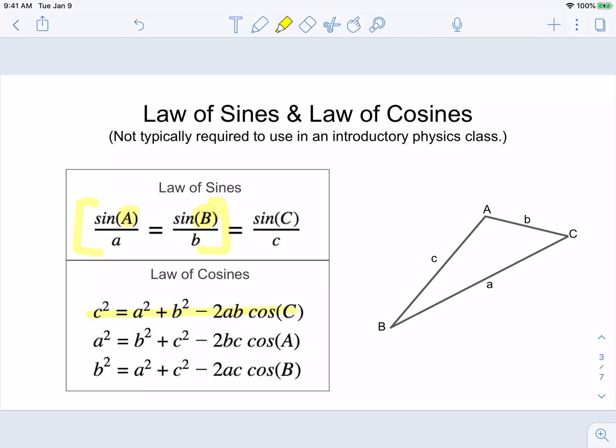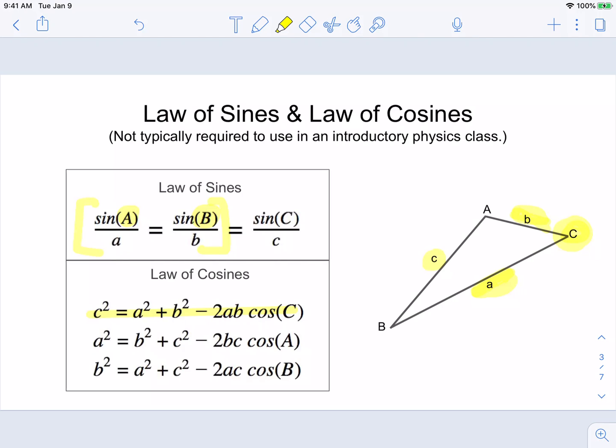So if we take a look at the law of cosines, let's just use the first variation of the equation. If I was looking for side C, which is right here, I could use the law of cosines to solve for side C if I also knew side A, side B, and angle C. So if I know a side, angle, and a side, I could find the side across from it by using the law of cosines.